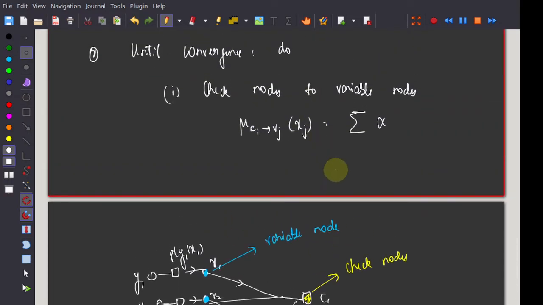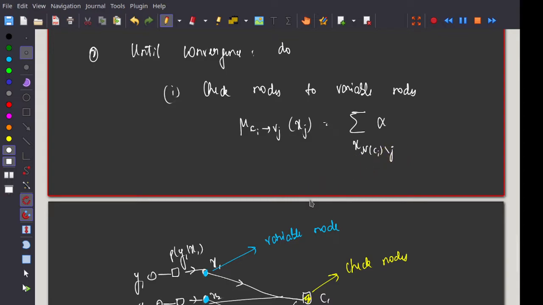So it's the neighborhood of i, but not j.